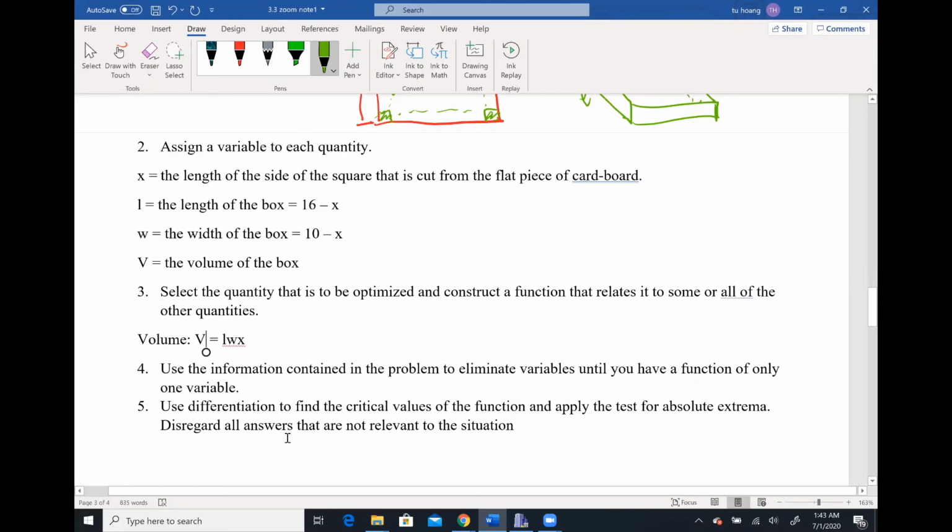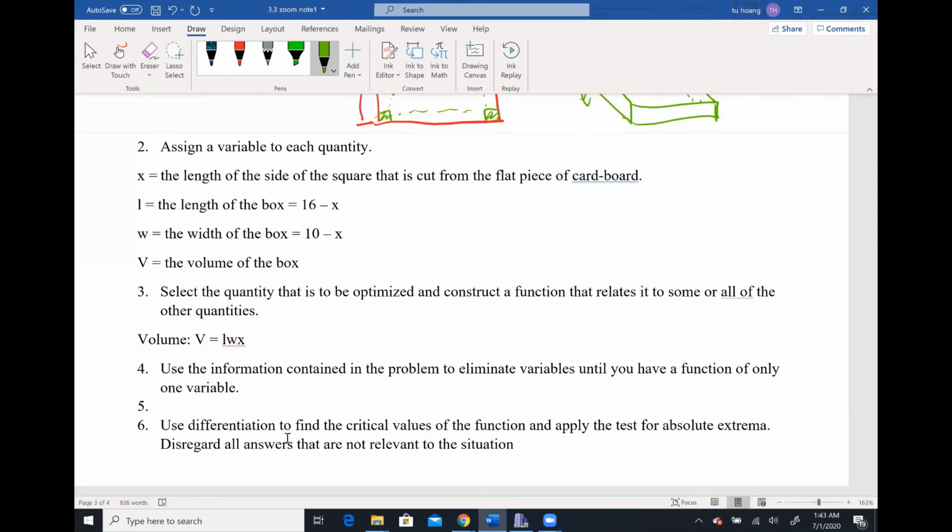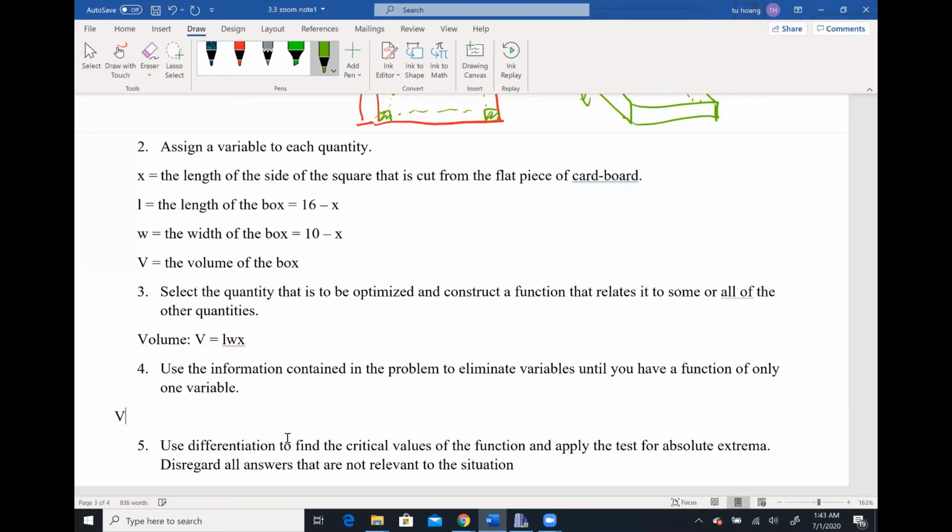Step 4: use information in the problem to eliminate variables until you have a function of only one variable. I want a function of V with only one variable.